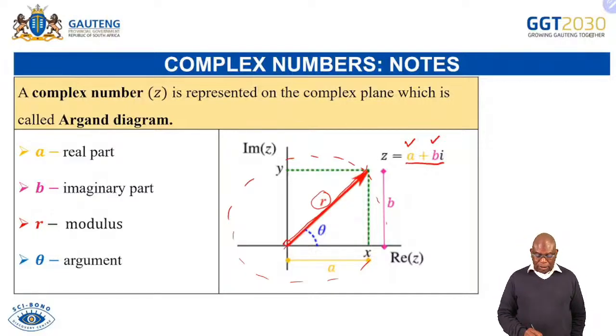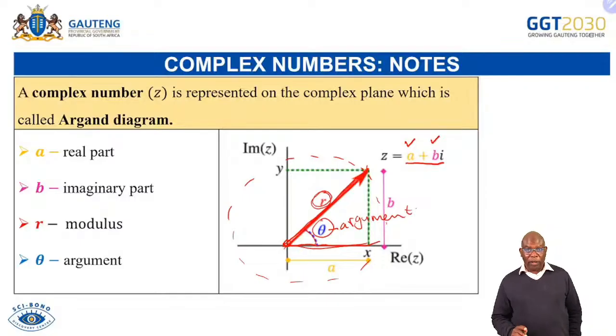The radius is from the center of the circle to the circle, so that's why we call it an R. Now we've got the x-axis and this arrow here. The amount of space formed between the x-axis and the R is called an angle. And that angle, in the language of complex numbers, we call an argument. Not that argument that you always have at school. So the R here is the modulus.